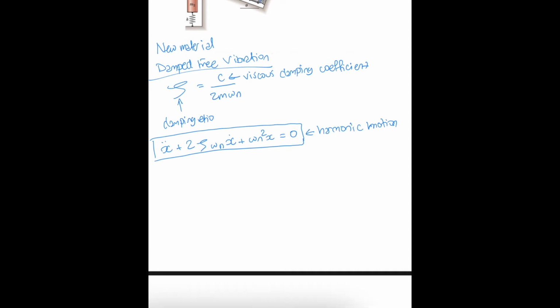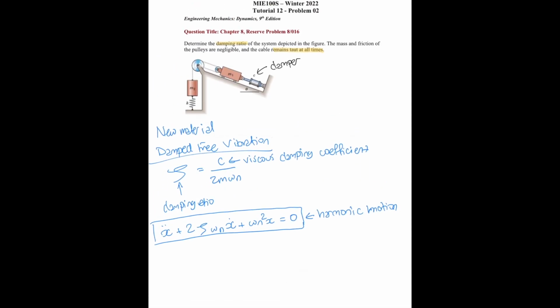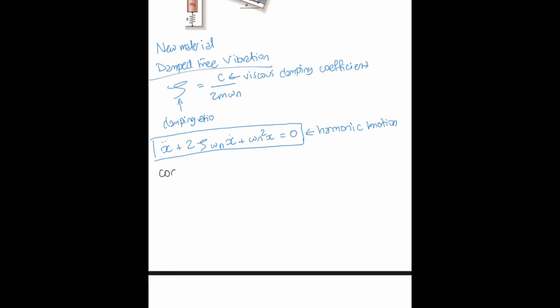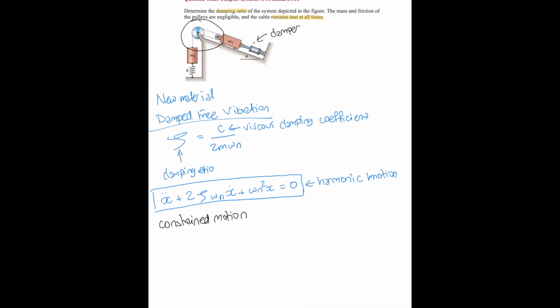Now going back to our question over here, we have a constrained motion on the pulleys. With our constrained motion theory, we know that x2 is moving over here, x1 is moving over there.